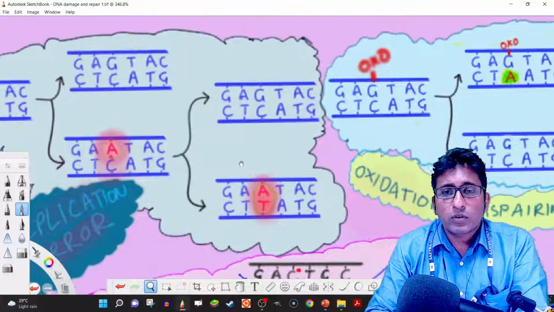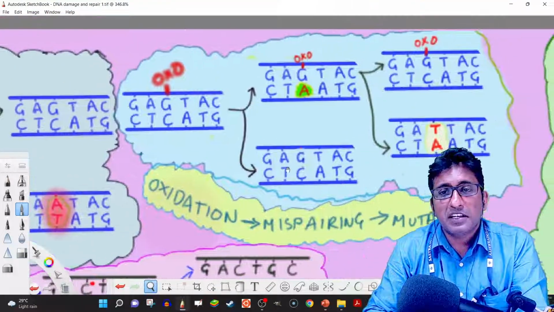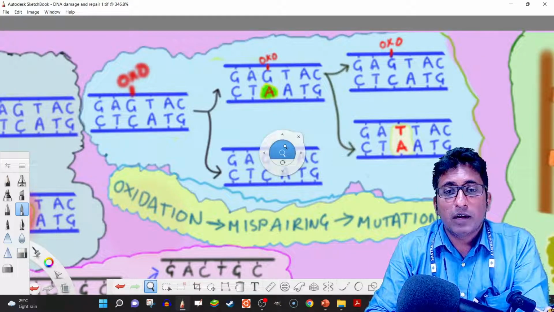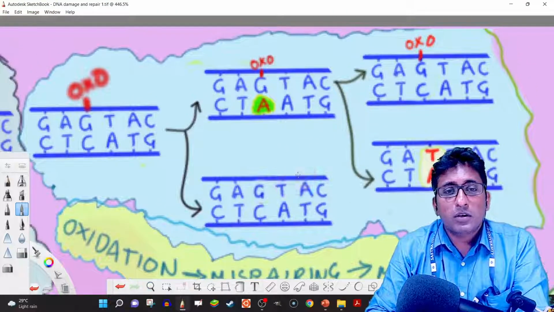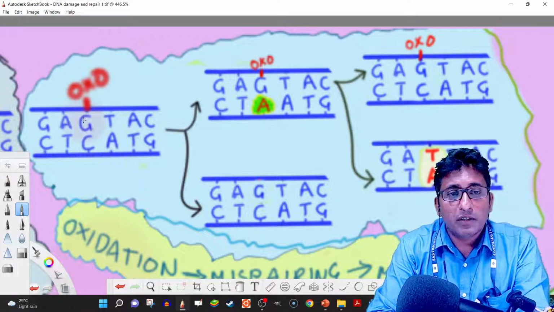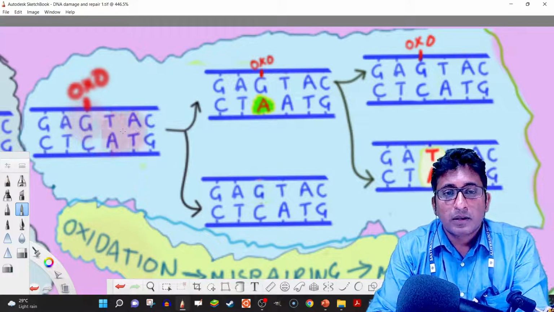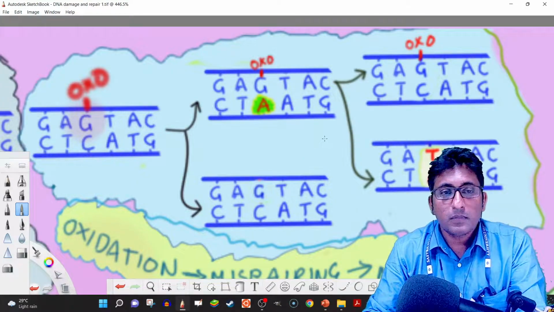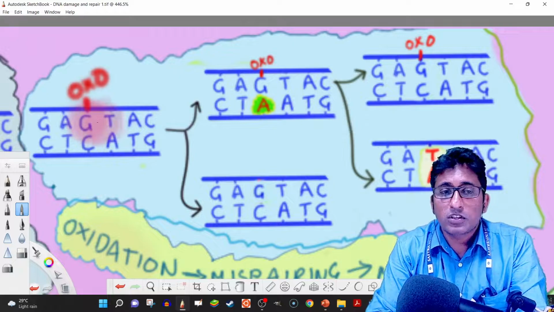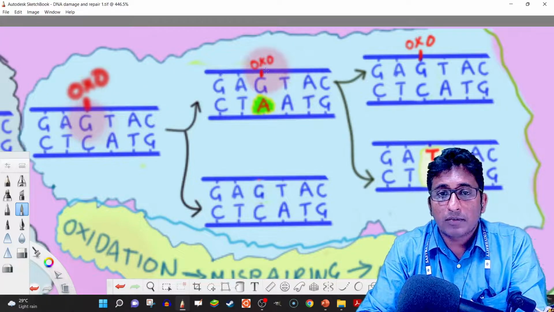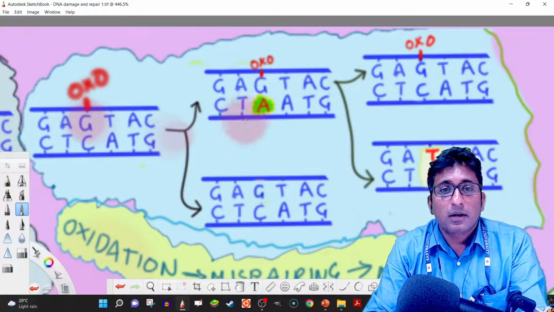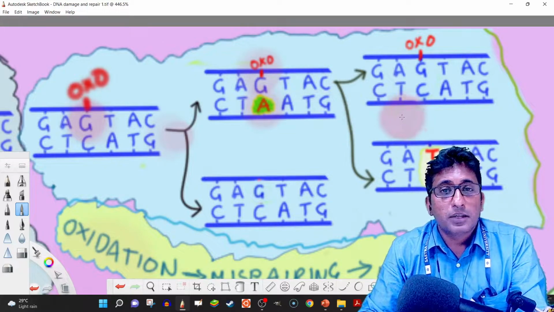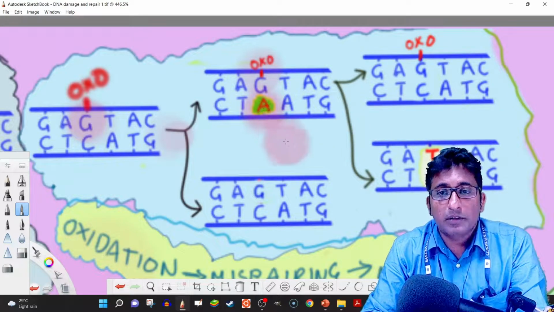And as we discussed, there are different types of DNA damage that could happen. Something like oxidation could happen on the guanine, and oxidation of guanine, for example oxo-G, can base pair with cytosine as well as with adenine. So if there was a guanine which is oxidized, and then replication has occurred, and if it is in a different tautomeric form, then it will base pair with adenine, and adenine gets incorporated here.